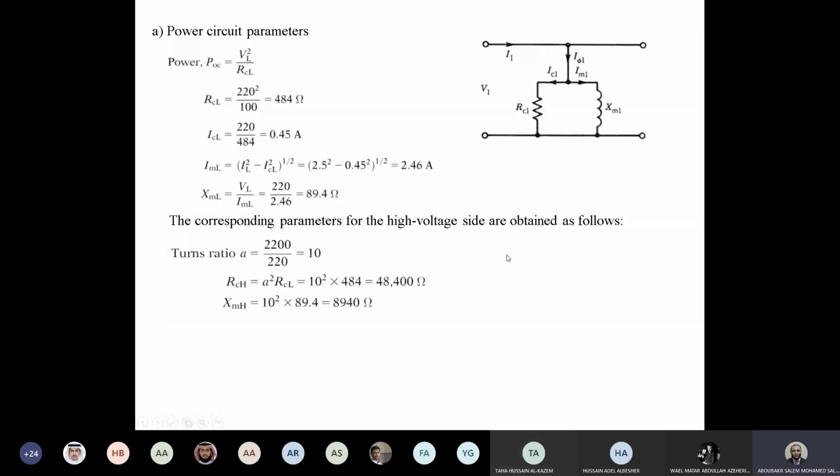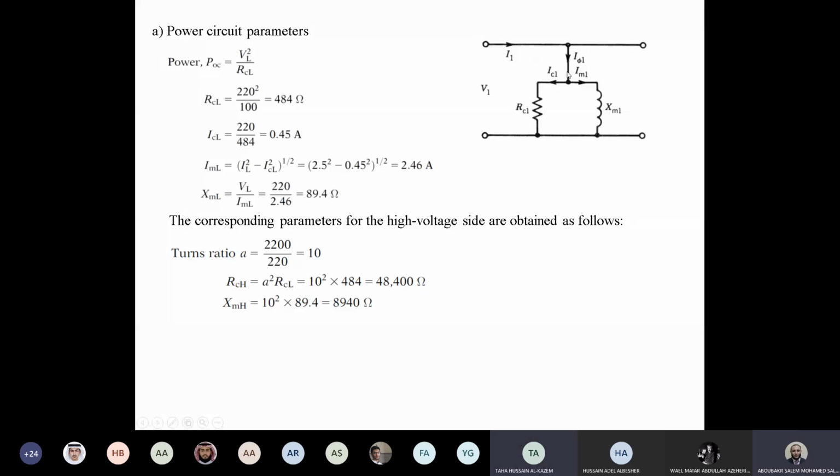Doctor, in part A, for calculating IML, why did we square IL and IC? I phi is a complex current which is going to move in resistance and reactance. Okay?